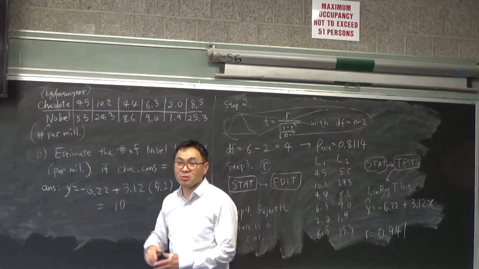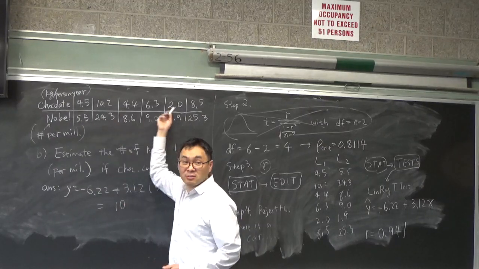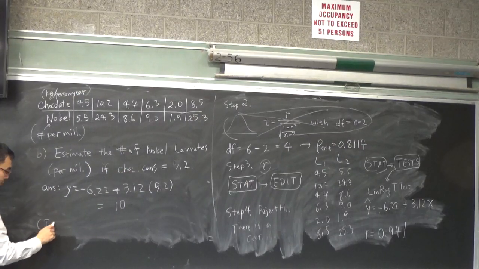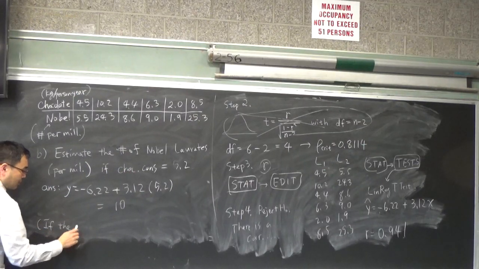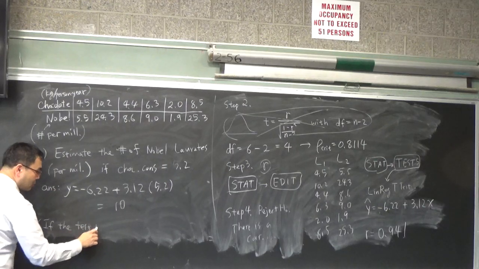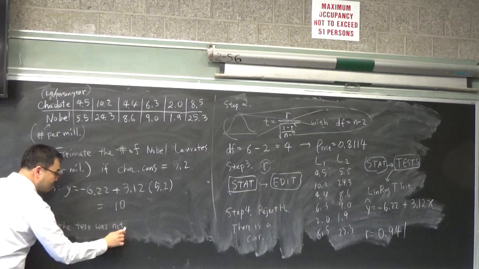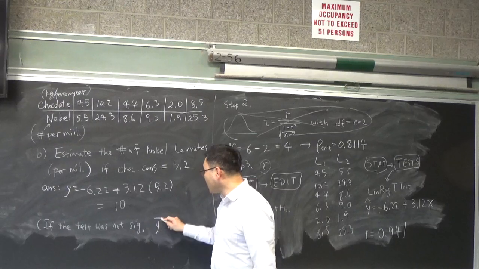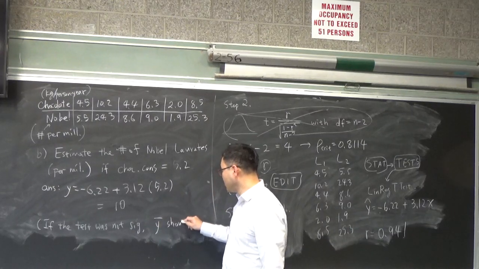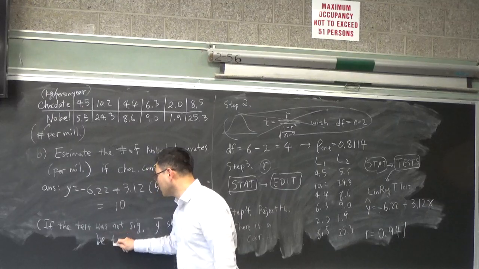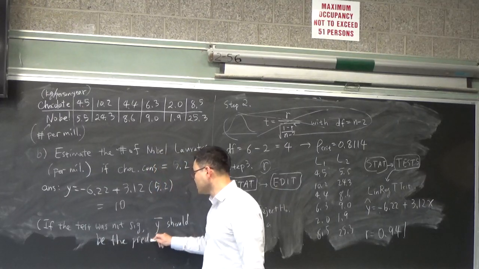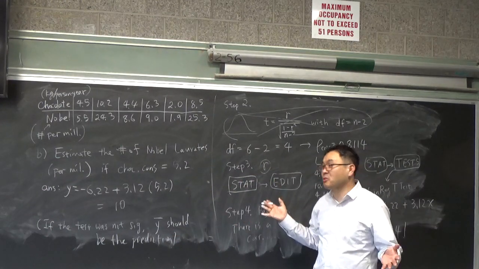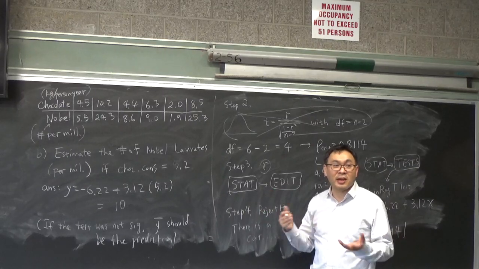Instead, what do you use? You use the average value of the Nobel Prize. That's another important thing. If the test was not significant, y bar should be the prediction, because the average value is the best predictor if you have no way to judge what the ideal number would be.